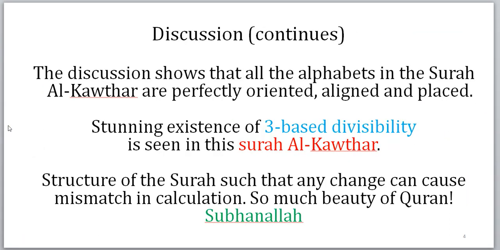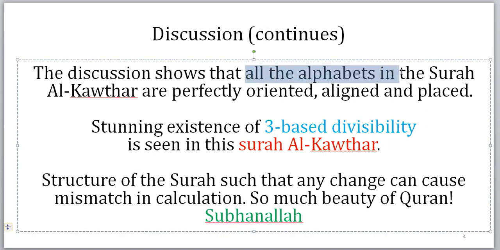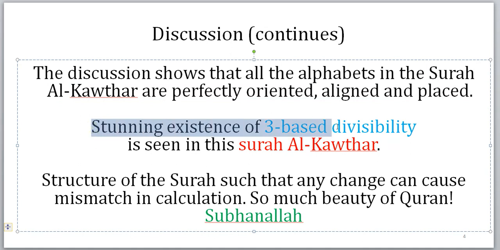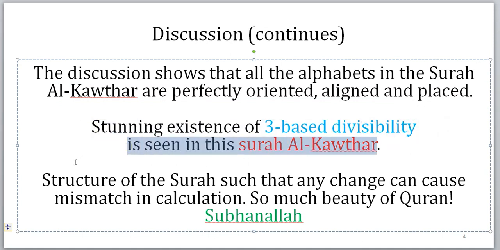From this discussion, we can conclude that all the alphabets in Surah Al-Kawthar are perfectly oriented, aligned, and placed. A stunning existence of tree-based divisibility is seen in this Surah Al-Kawthar.